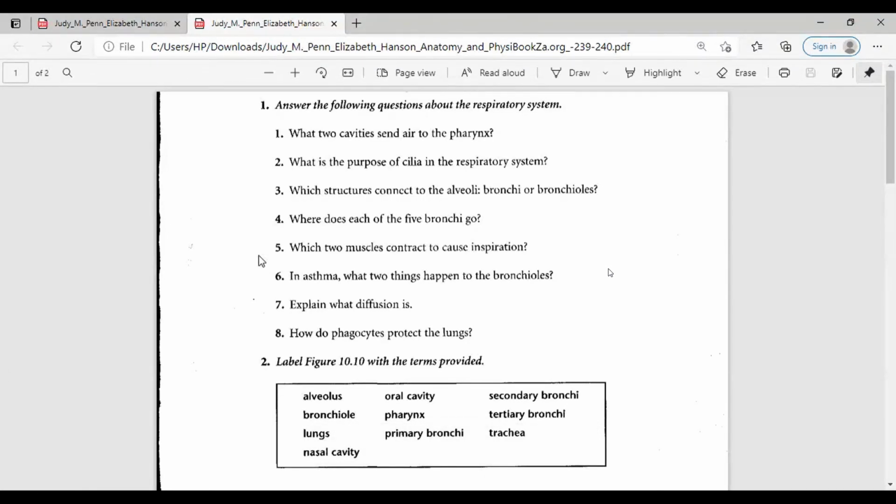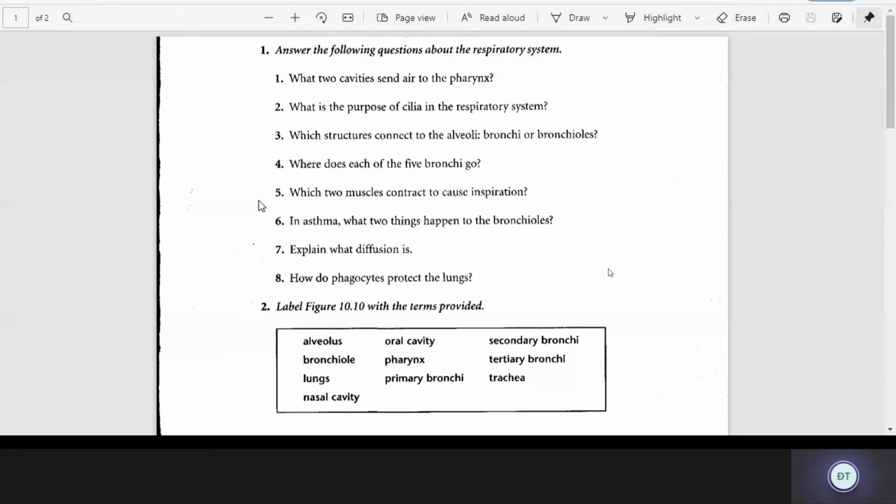No. Đoàn Lê Kim Tước. Yes, teacher. Can you answer question number 8? How do phagocytes protect the lungs? I think that phagocytes will eat the particles.